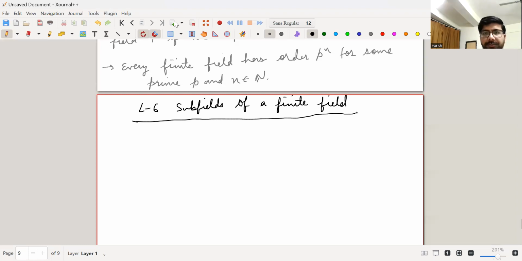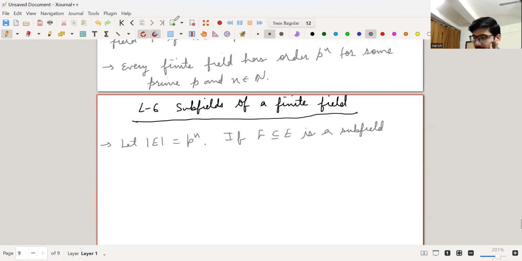See, let E be a field of size p^n, and if F contained inside E is a subfield, then E is a vector space over F, right?